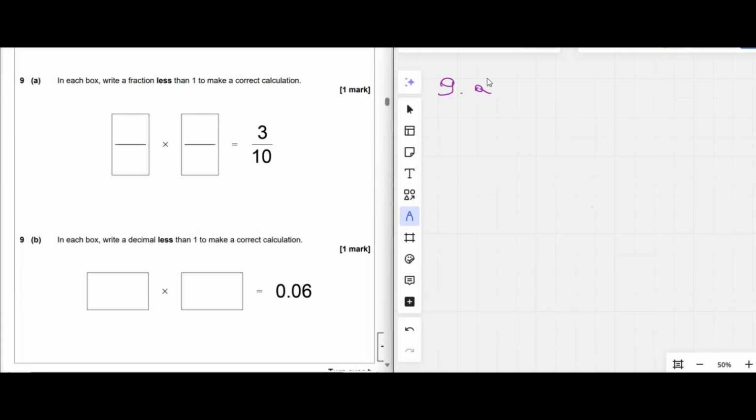In part A, in each box, write a fraction less than 1 to make a correct calculation. So we need 2 numbers that will go to 3/10 after multiplication.